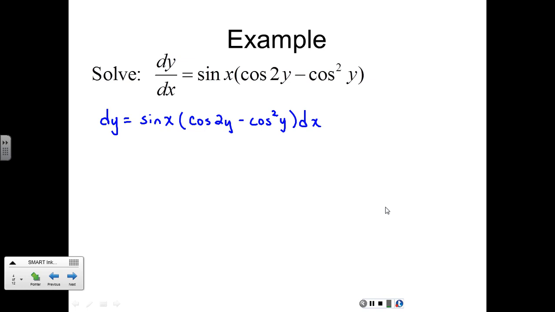Okay, what would you guys do next? Sine of x is okay to stay over here on the right, right? So this whole quantity, there's no x's in there, so I could divide that whole parentheses out of both sides.